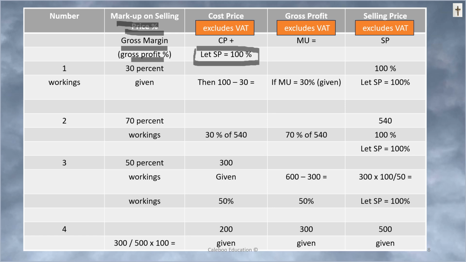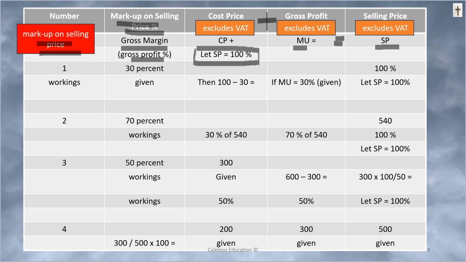Remember, we still have the formula cost price plus the markup is equal to the selling price.